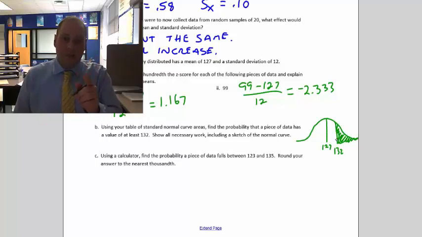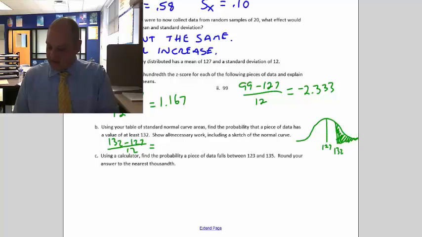When you look at your table, you would have to do a z-score for 132 actually. So let's do that first. 132 minus 127, divided by 12. That z-score is 0.42.